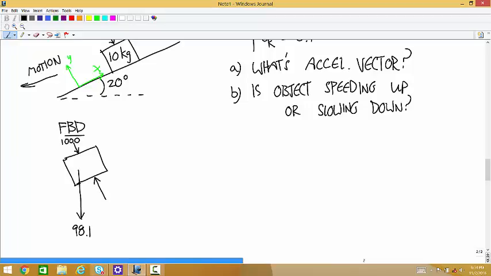That's no different than it was before. I'll call that N. And then finally, there's a friction force that's parallel to the surface, that's opposite the direction of the velocity, that has a magnitude of the coefficient times this normal force here. So what direction is the friction force for this one? Yeah, it's opposite this direction of motion, so it's this way. The coefficient is 0.1, so this is 0.1 N.